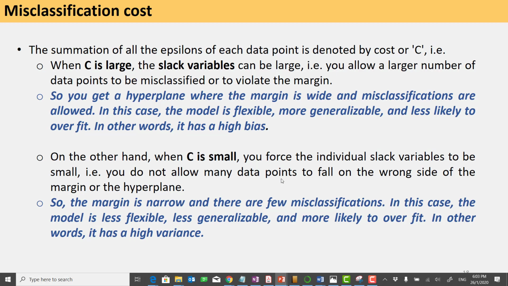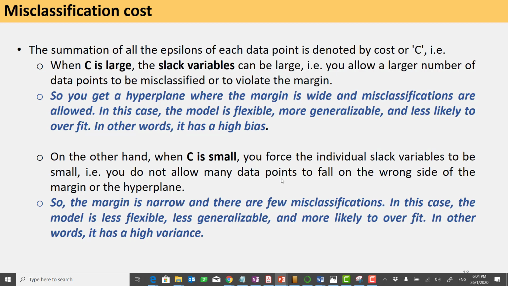So you get a hyperplane where the margin is wide and misclassifications are allowed, but the positive side is that the model is flexible, more generalizable, and less likely to overfit. Obviously, it is a high bias one. On the other hand, if you make C small, then you are forcing the individual slack variables to be small. That means you are not allowing the data points to fall on the wrong side.